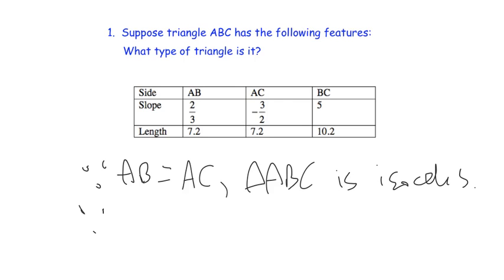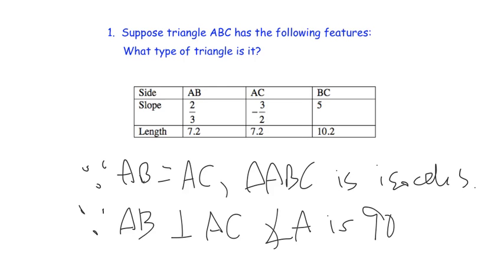So since side AB is perpendicular to side AC, angle A is 90 degrees. Okay? It has to be angle A because angle A is the only angle which is common to both sides, right? This is AB and AC, so they have to share the angle A.